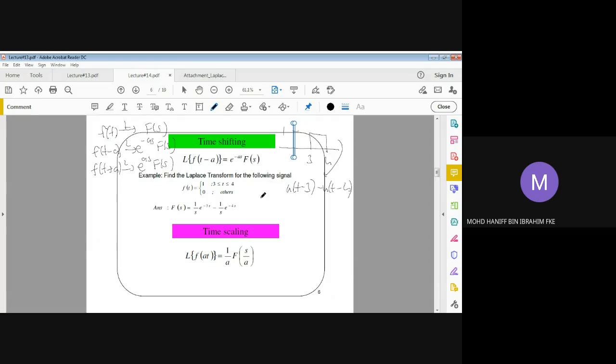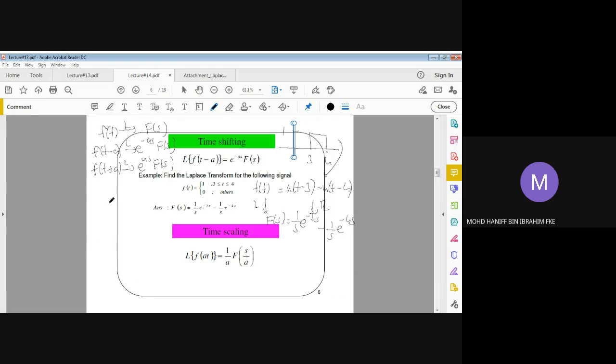So we need to do the Laplace transformation as requested in the question. The Laplace for this will be F(s), equal to 1 over s exponential negative 3s, minus 1 over s exponential negative 4s.